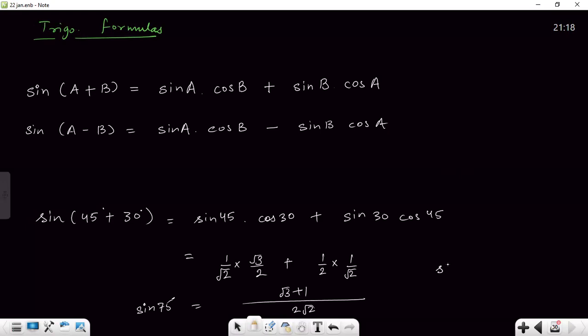We know that sine of 90 minus theta is cos of theta. So here sine of 75 can be written as sine of 90 minus 15, which can be further written as cos of 15.